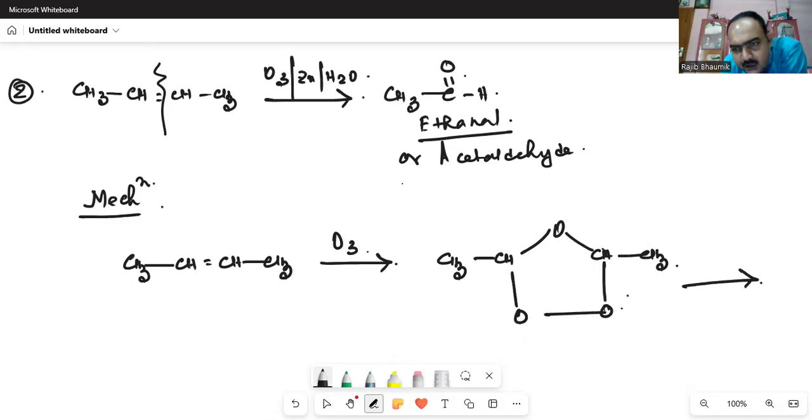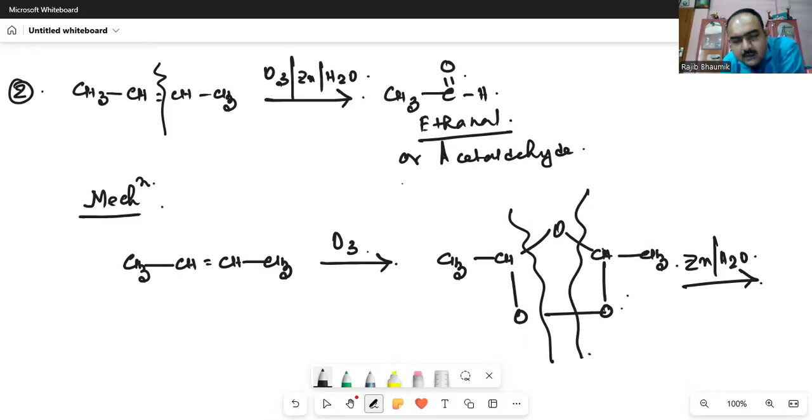If you do the cracking or hydrolysis here, the structure will be CH3, C double bond O, H. Of course, 2 moles will be formed here.